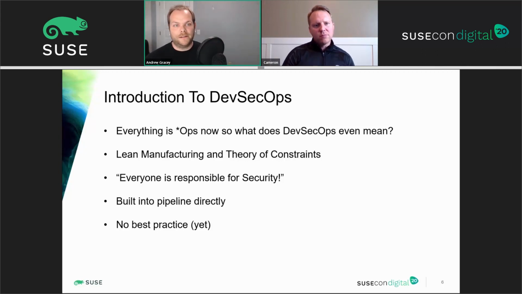It is really a cultural change that you have to take, basically pulling security into being everybody's responsibility, building it into the process and the product itself. So you're building it into the pipeline directly and failing the pipeline when it's not there, not the app. And right at the moment, there's really no best practice. We're still trying to figure this out. There's a huge amount of knowledge that we can leverage to make sure that things are secure, at least to the best of our ability at the moment.